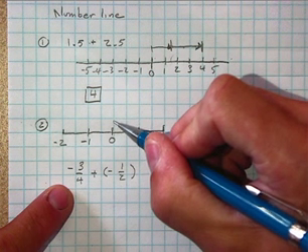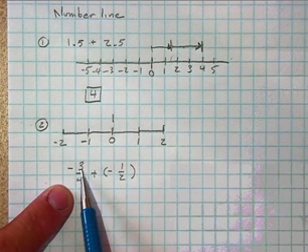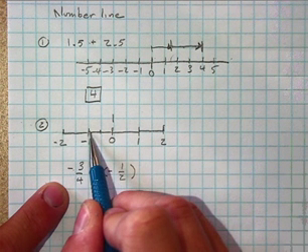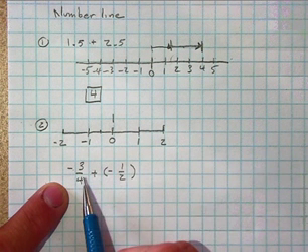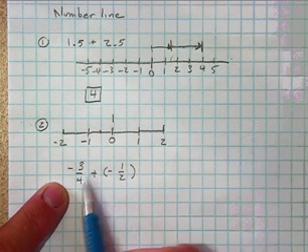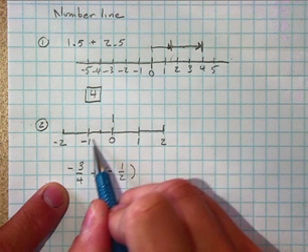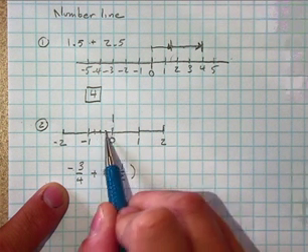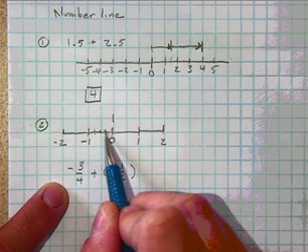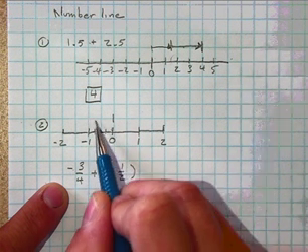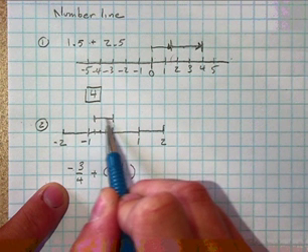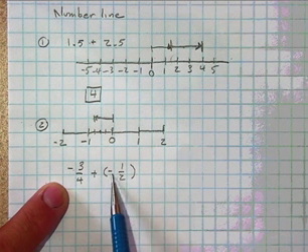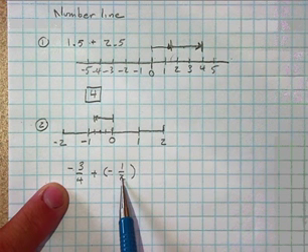So I'm going to start at 0, and I'm going to go 3/4 in the negative direction. Here's halfway. Where would 3/4 be? Right, it'd be right here. If I were to break this up into 4, there's 1, 2, 3/4. So that'll put it right there. And then I have to go another half in the negative direction.